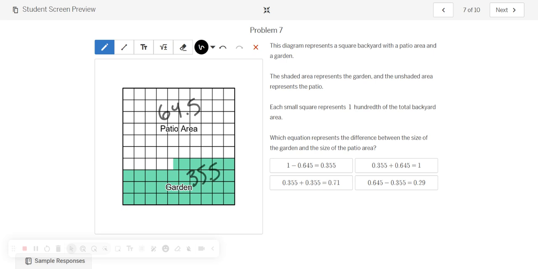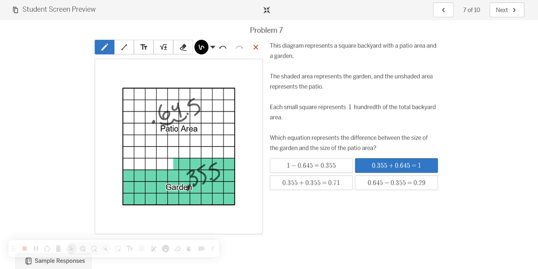And so if I add these two together, the decimal point would be right over here of the whole thing, if you think of this as 1. So this one would definitely work.